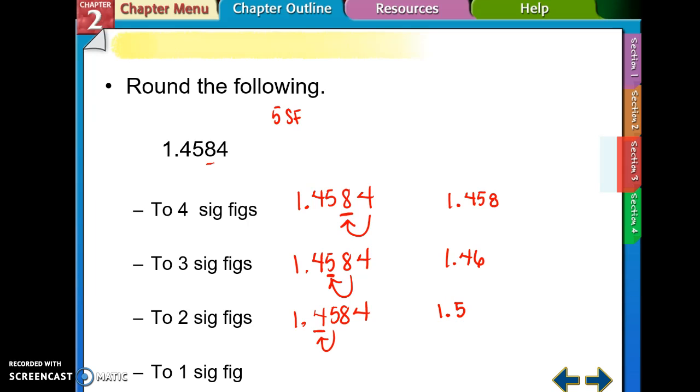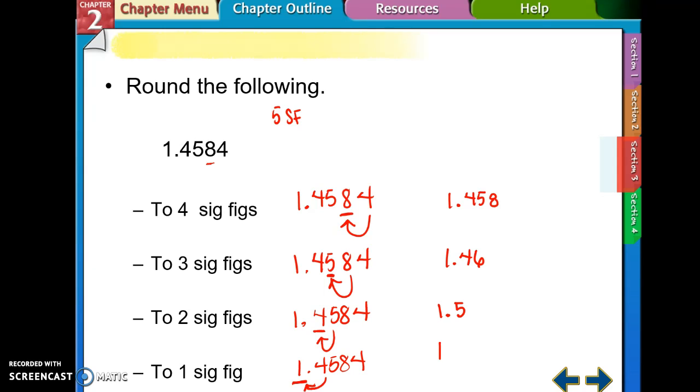And if I were rounding this to 1 significant figure, 1.4584, that first significant figure is 1, so I look at that 4, and it would not cause it to round up, so my answer would be 1 right there. So if you look at the difference right here, what significant figures do is they allow me to be more precise. 1.458 is a much more precise measurement than just 1.